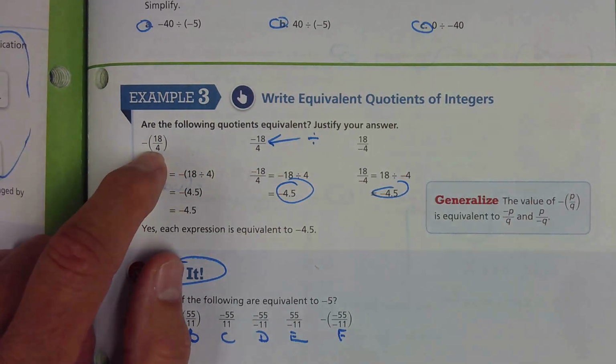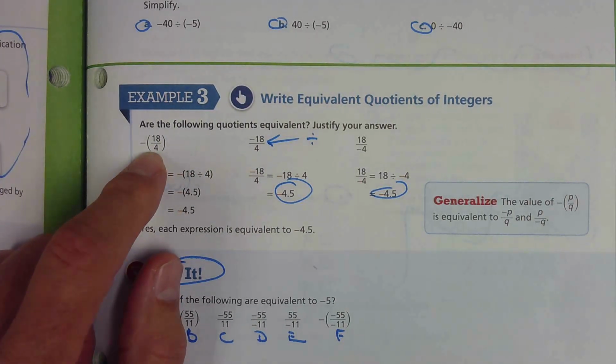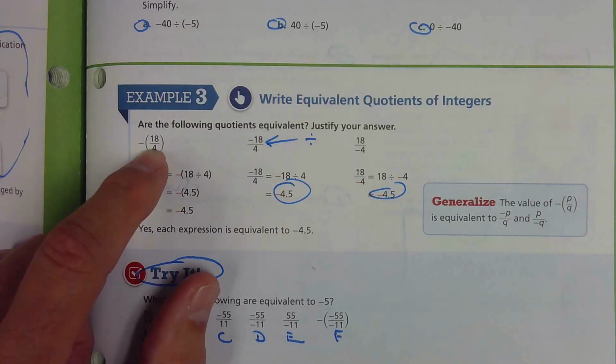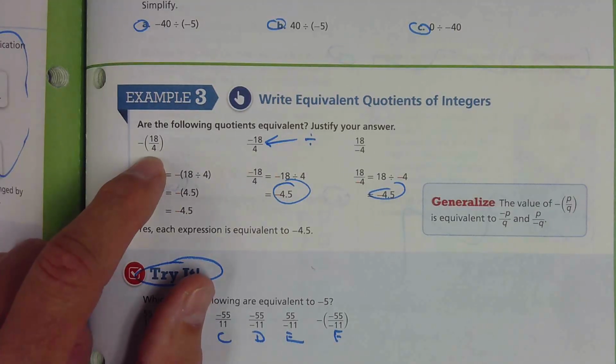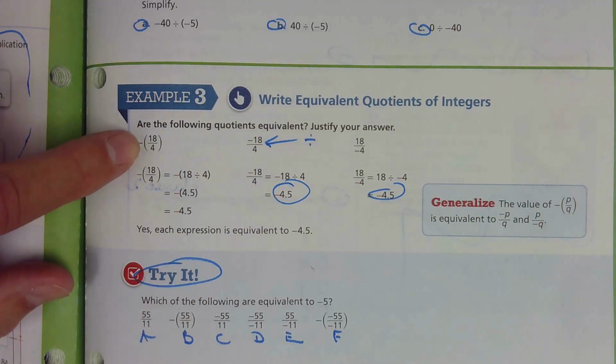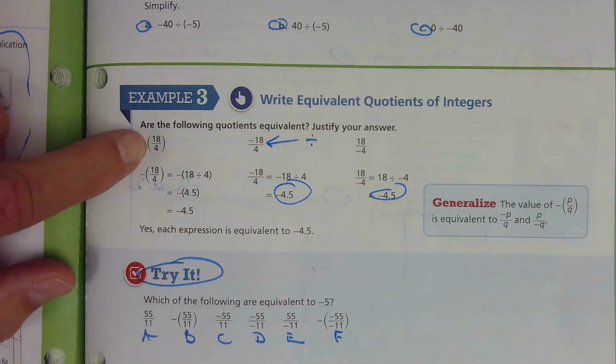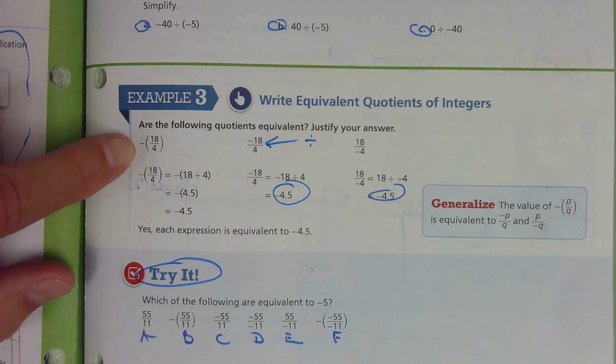But now look at this. This is a little different, and you'll have some problems like this. Here we have an 18/4 in parentheses. Now, if we didn't have that sign on the outside, it would be 4.5. But that symbol means the opposite of.